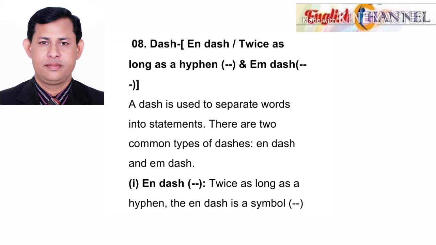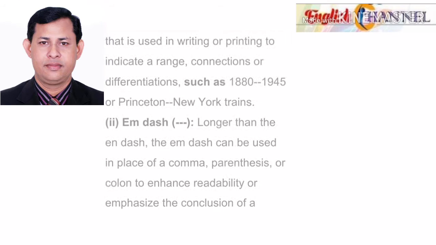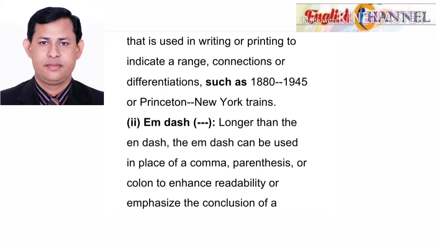Point 1. N dash. Twice as long as a hyphen, the N dash is a symbol that is used in writing or printing to indicate a range, connections, or differentiations, such as 1880 to 1945 or Princeton to New York trains.